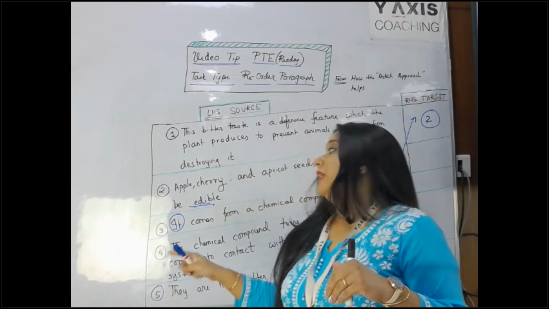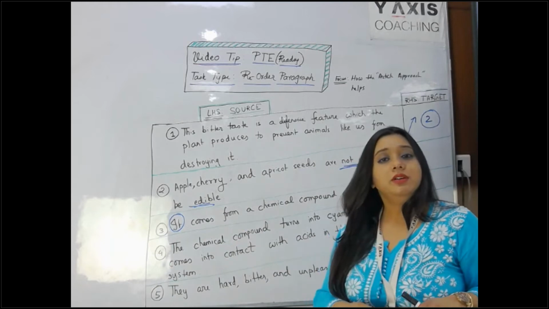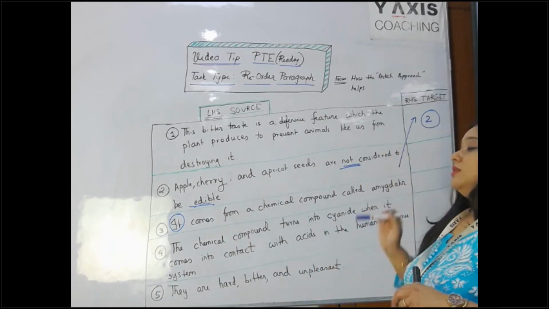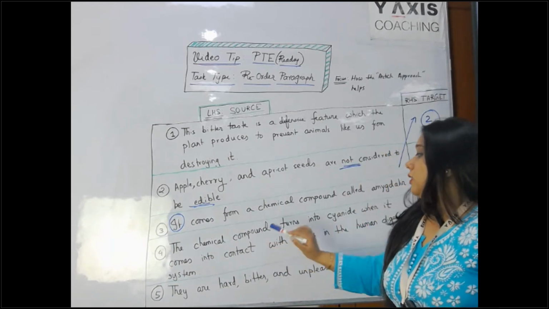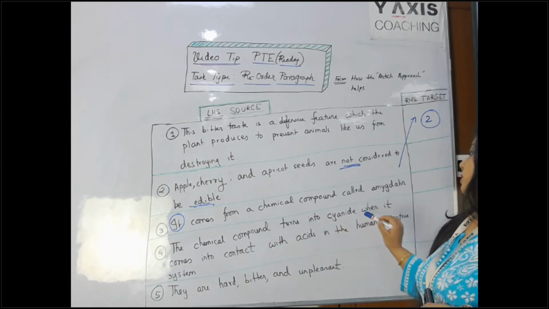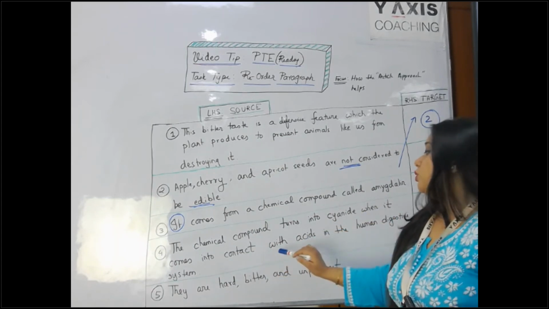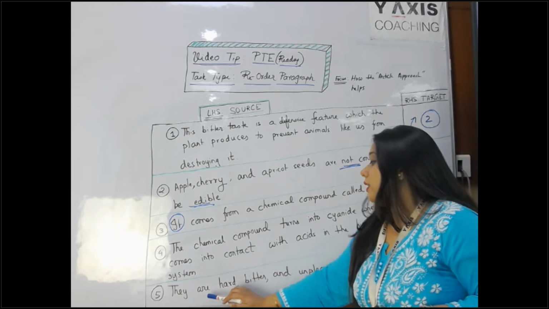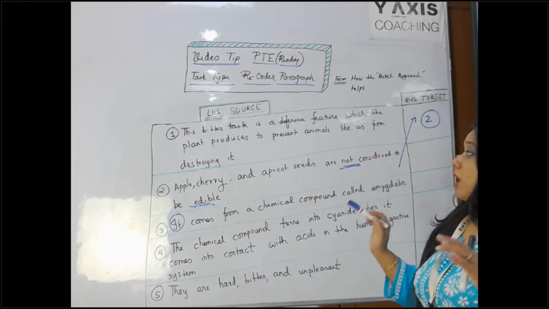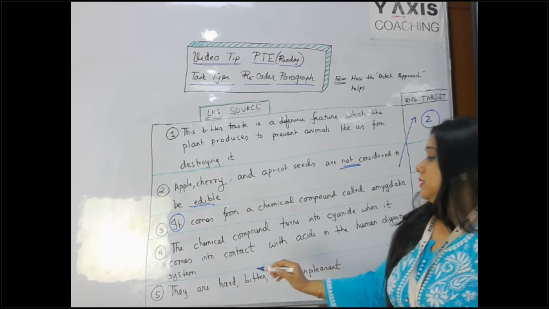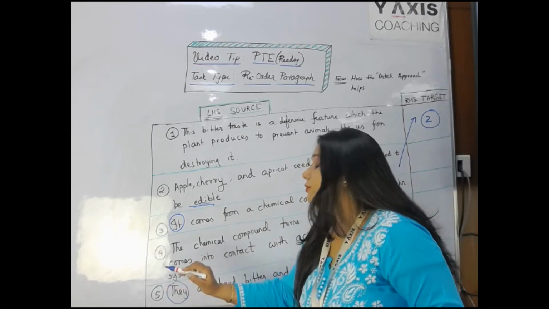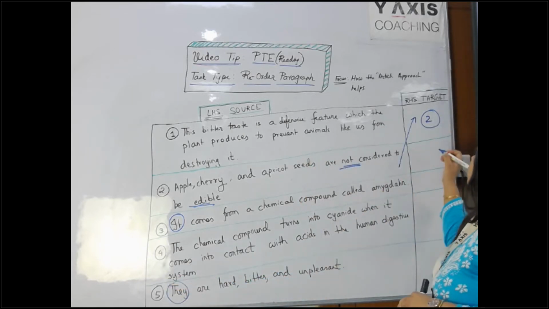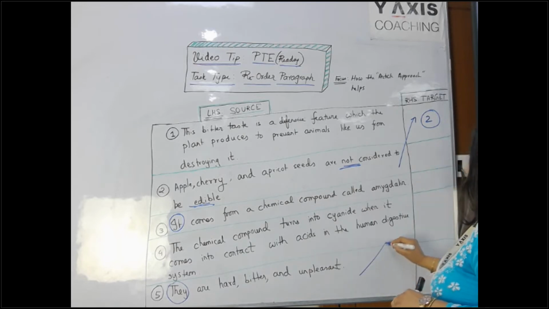So definitely this also cannot be the second sentence. The chemical compound turns into cyanide when it comes into contact with acids in the human digestive system. And the last one is they are hard, bitter and unpleasant. So now I understand that this sentence, the fifth one, should be the next sentence.